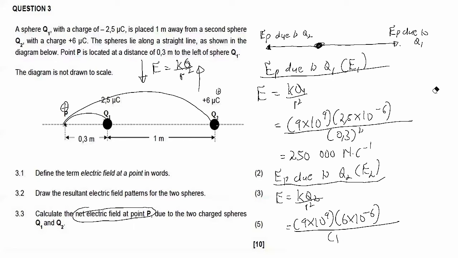So remember, it's in reference to point P. So this is our Q2, but in reference to point P, it's 1 meter and 0.3, which should be 1.3 meters. Excuse me for that.